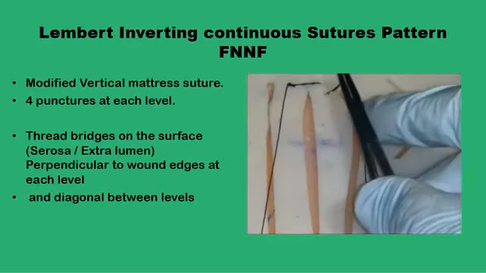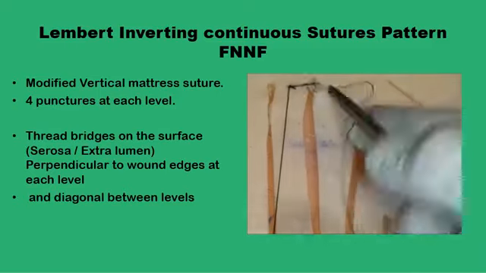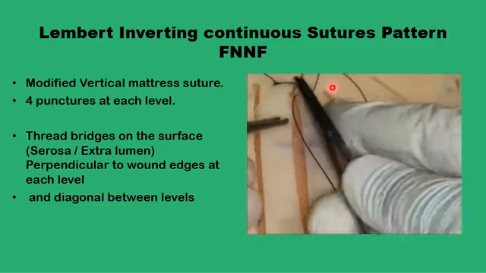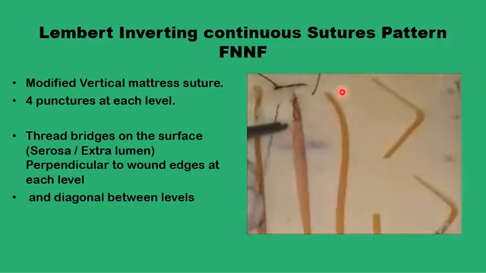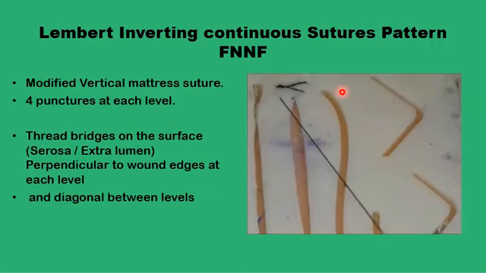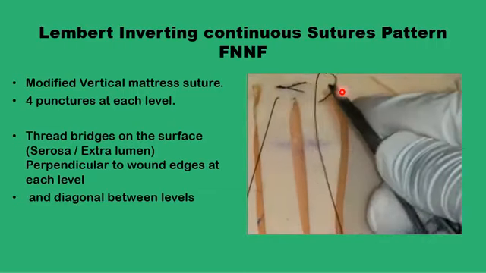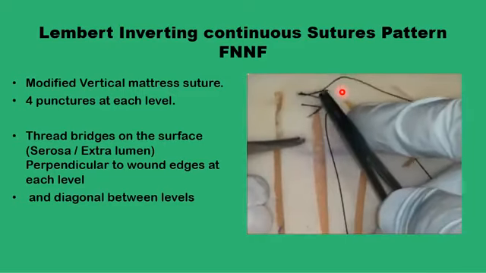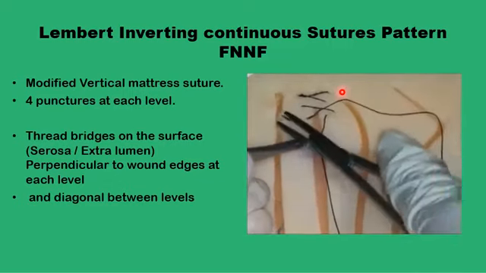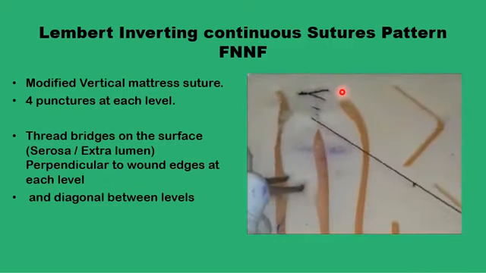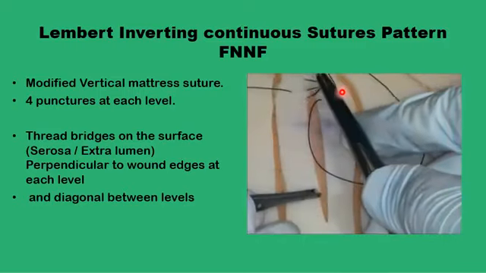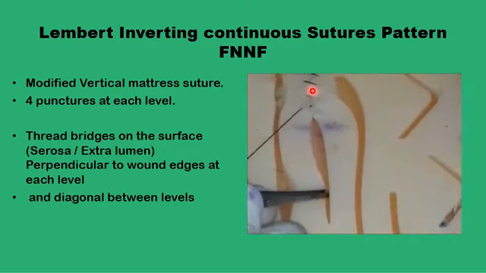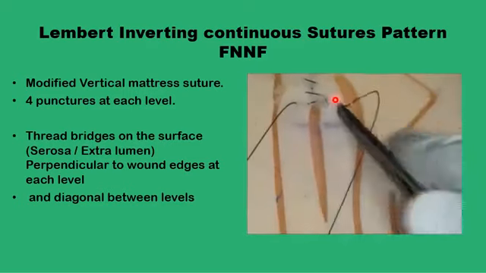And then the Lambert inverting continuous suture, consisting of repeated units of the Lambert inverting suture. You start again with an anchoring stitch at the top, followed by the usual Lambert, far to near, and then near to far, and then you move to the next level, again far to near, cross the wound edge to the near to far, and then you have strands of the thread crossing the wound edges.